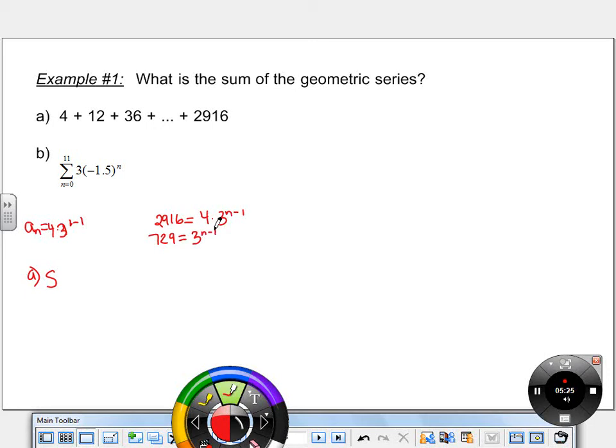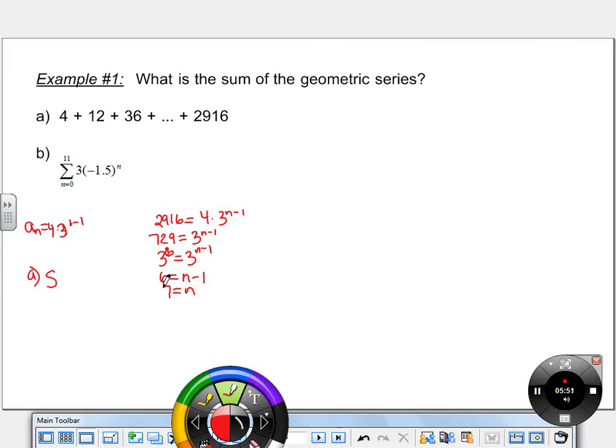So I basically need to know 3 to what power is 729 so I can compare the exponents here. And I believe it's 3 to the 6th power. So the 6th power has to equal the n minus 1 power, which means n is 7. So that means 2,916 is the 7th term.